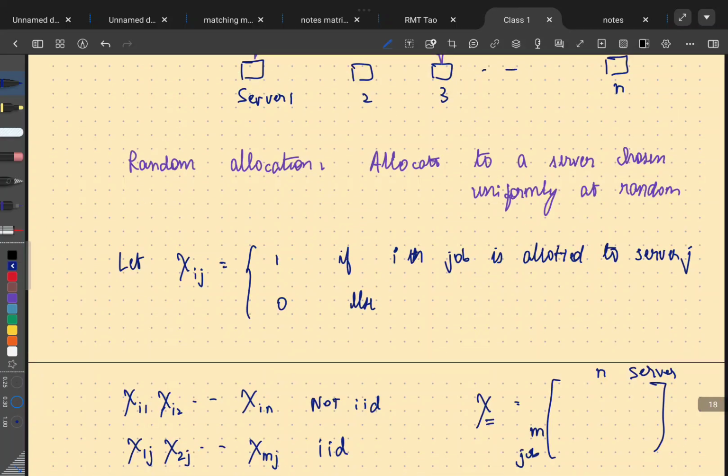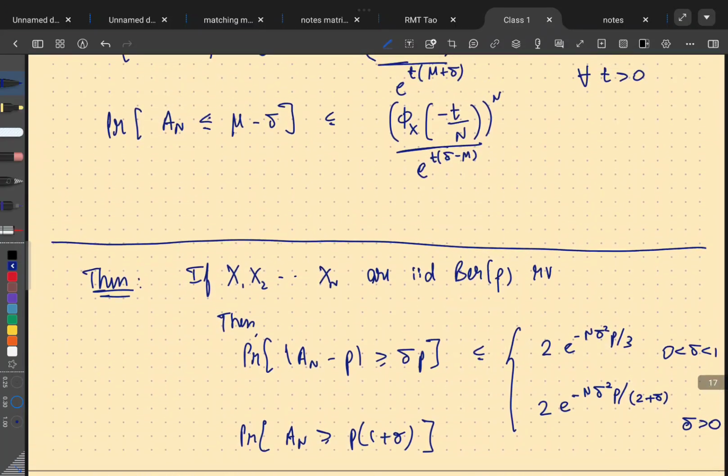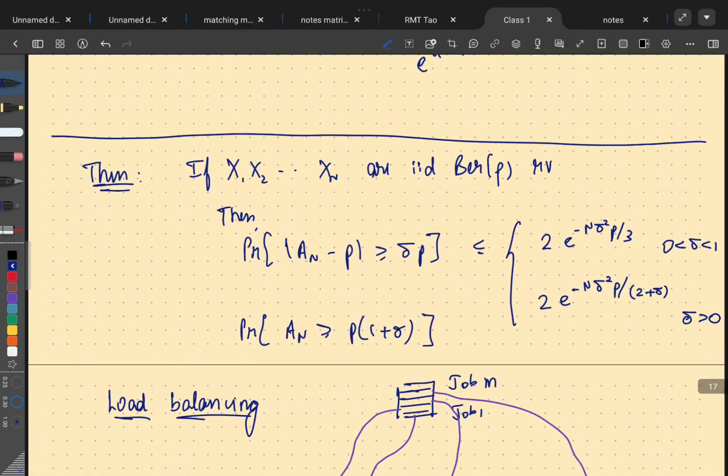Again, I want to look at the case where delta could be arbitrary. Delta need not necessarily be between 0 and 1. For this I can use the second Chernoff bound.